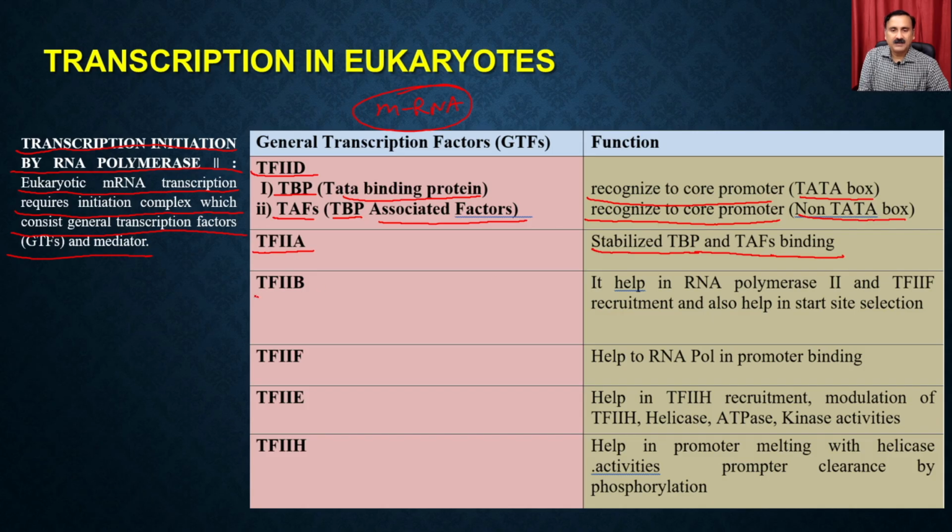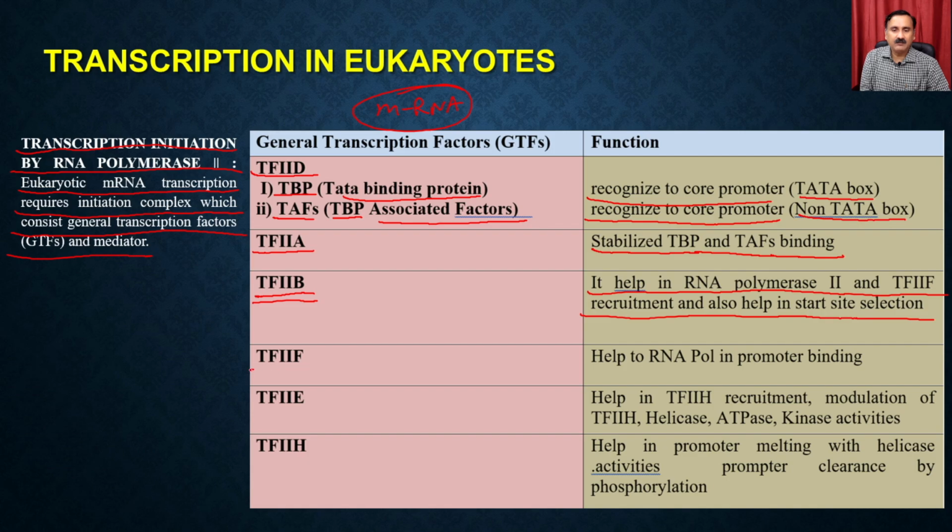Then it also requires TFIIB. TFIIB helps in the recruitment of RNA polymerase II and TFIIF, and also helps in start site selection. TFIIB is very important because it provides the docking site for the RNA polymerase and for TFIIF, and both help in selecting the transcription start site.